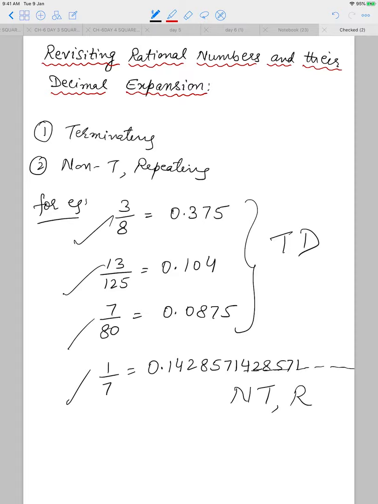Now, just by looking at a rational number, how will you find out whether the given rational number will have a terminating decimal expansion or a non-terminating repeating decimal expansion? For that, first of all, the rational number should be in the lowest form.